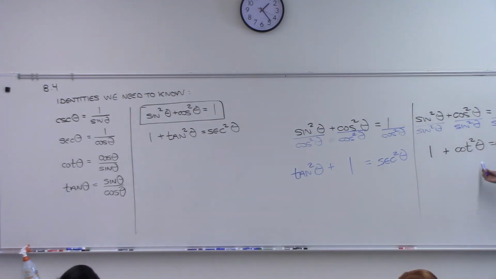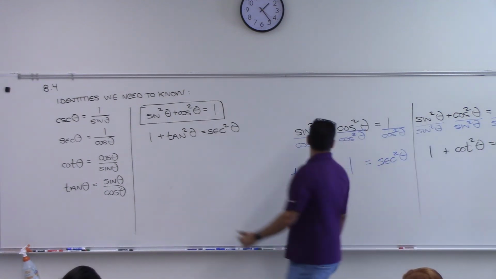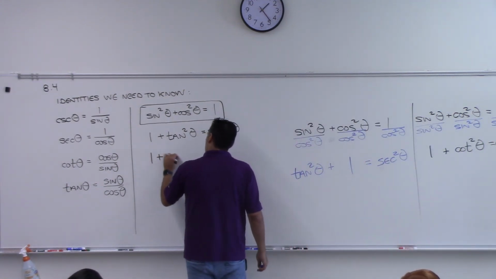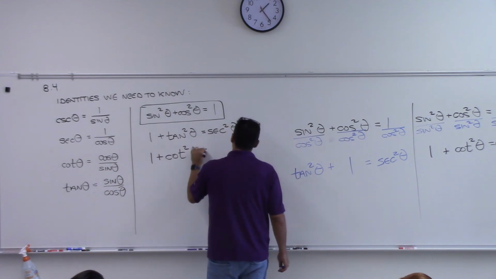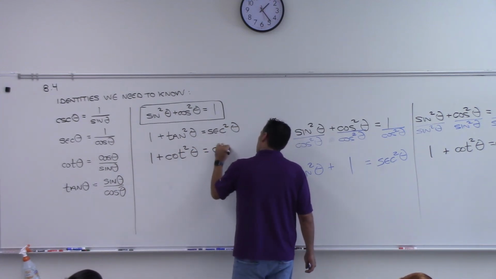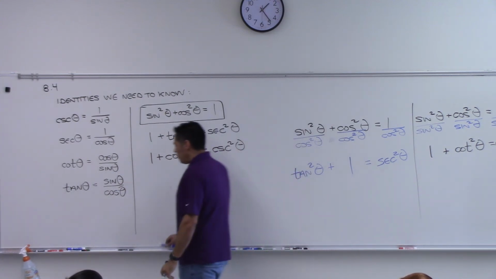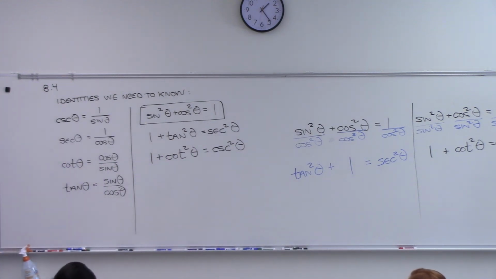That's your third Pythagorean identity. And again, you can move things around. If you needed to solve for cotangent squared, you could. All right, those are your 3 Pythagorean identities.